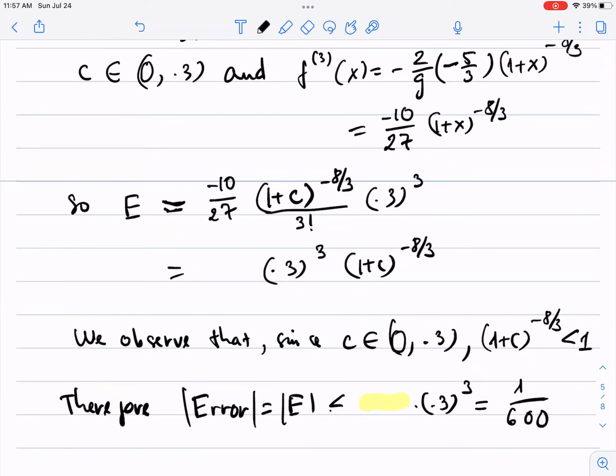And this simplifies to 5 divided by 81 times 0.3 cubed times (1 plus c) to the minus 8/3.